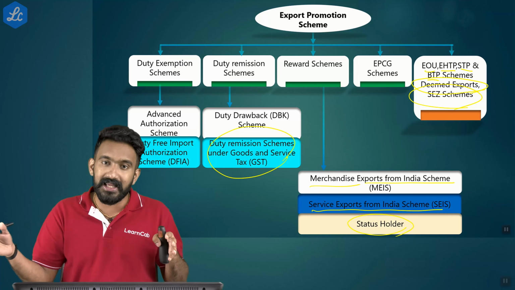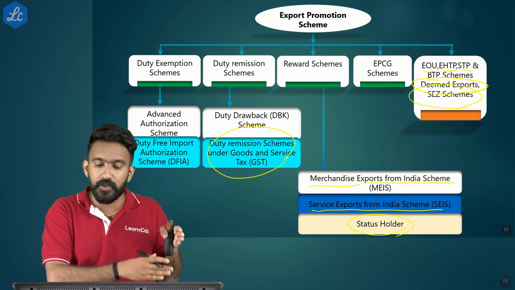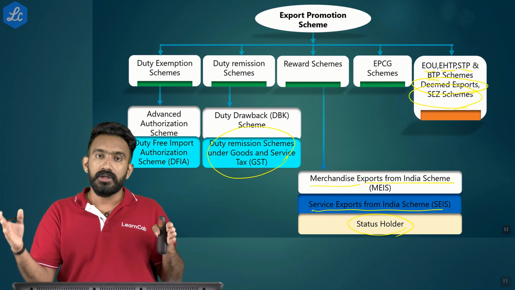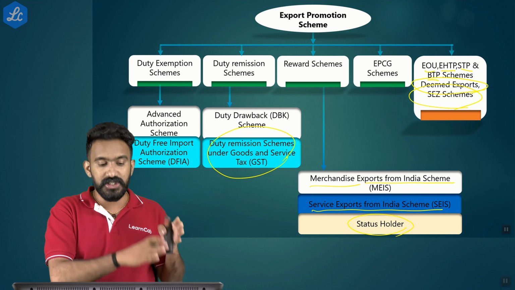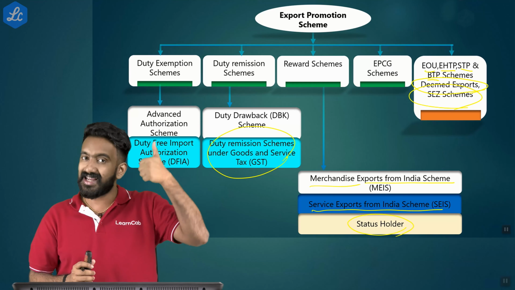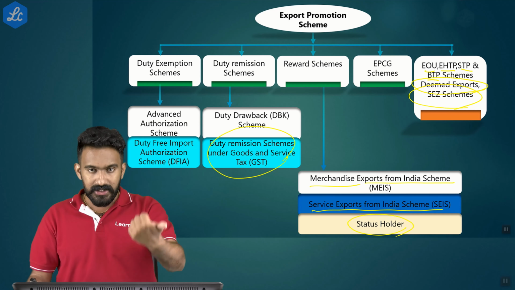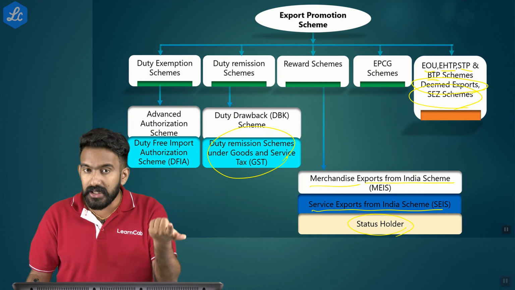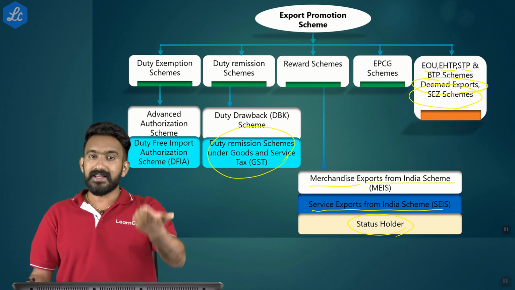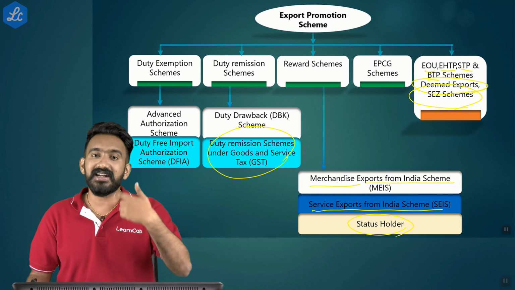So broadly, the FTP's policies for exports are classified in these five categories. I'm repeating again. You have exemption schemes. What are the exemption schemes? One is Advance Authorization, another one is Duty Free Import Authorization scheme, DFIA: AA and DFIA.